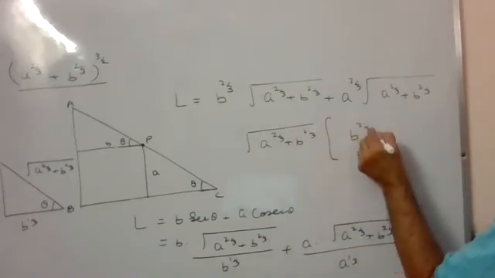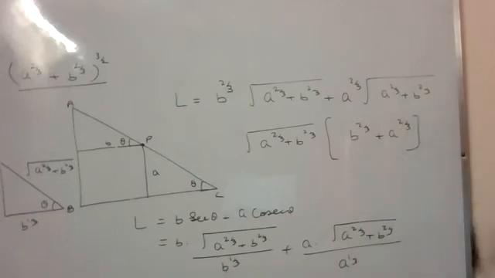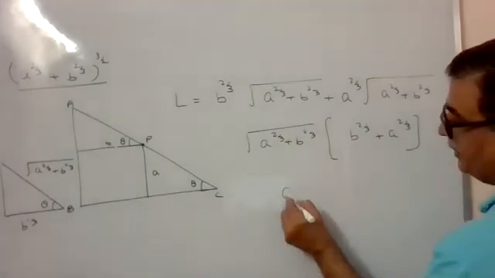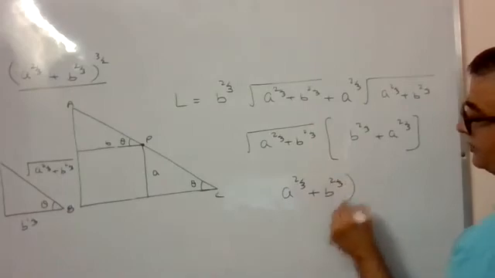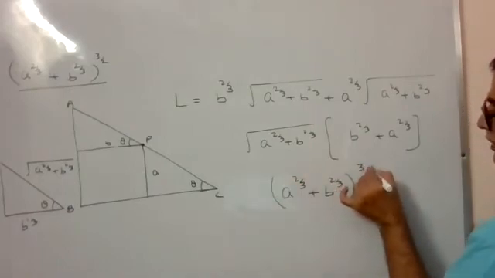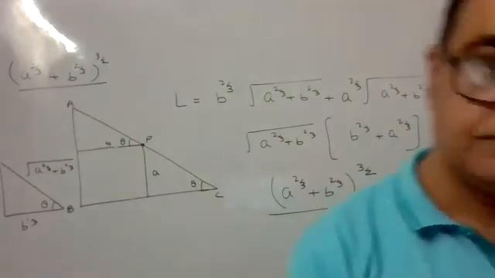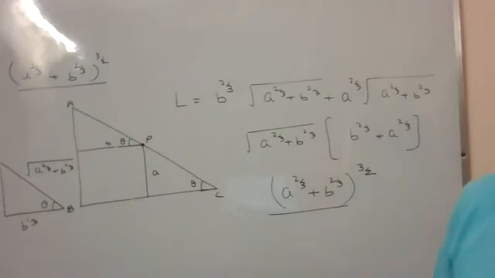Left is B power 2 by 3 plus A power 2 by 3. Now when you solve it, this comes out to be A power 2 by 3 plus B power 2 by 3 whole power 3 by 2. This is the answer. It is another NCERT problem and a very good question. You should do it.